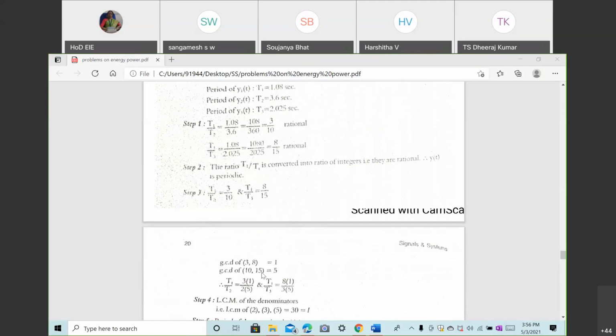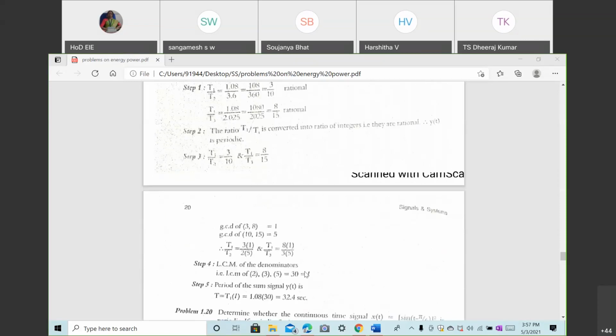Then for the T1 by T2 ratio, we have 3 by 10, GCD 1 and 5 we will take. And for T1 by T3, 8 by 15, also 1 and 5 GCD.